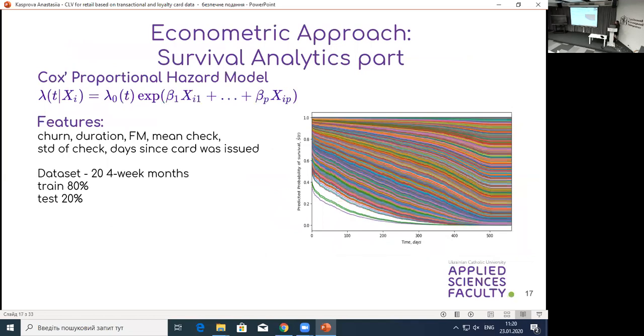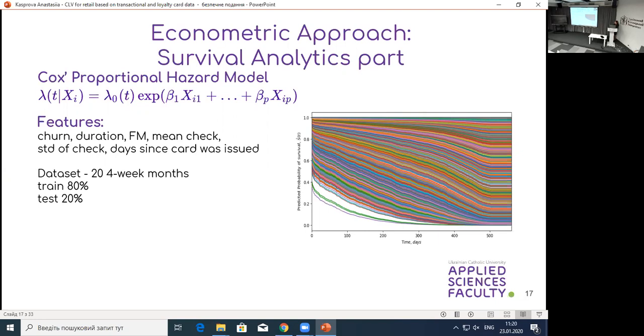Now we come to the econometric approach, and first we consider the survival analytics part. I use the Cox proportional hazard model. It's a regression model used for investigating the effect of several variables on the time when a specified event is going to happen.